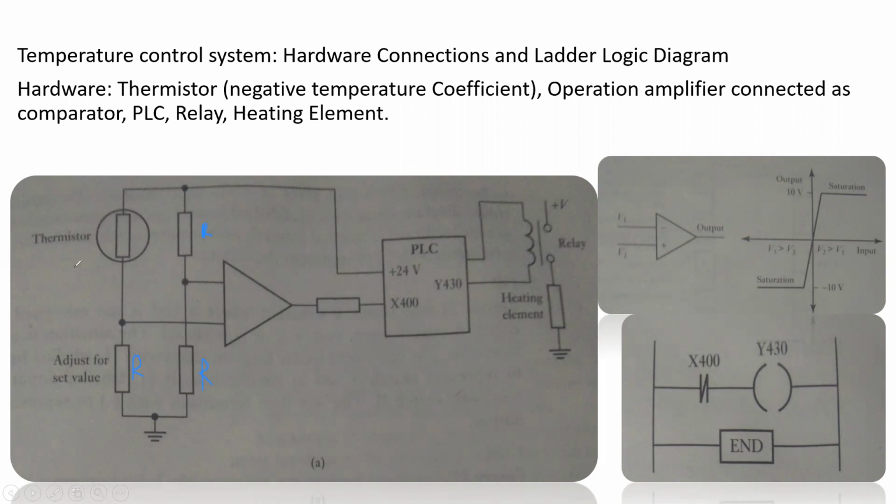So initially, if RT is the resistance of the thermistor, RT will be greater than R.